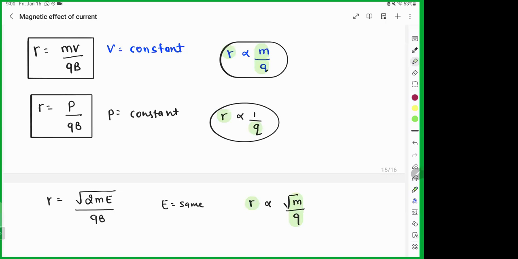Well, let me check if we can solve some question. I sent you this PDF of this topic. Did I send the PDF of solution, magnetic effect of current?